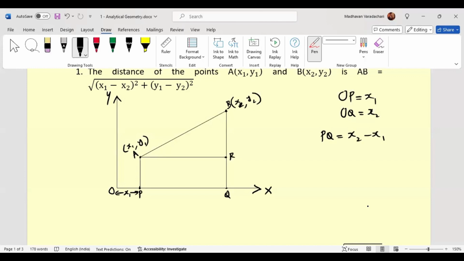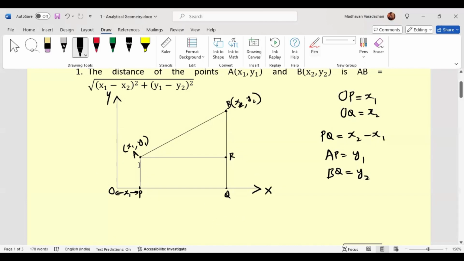Now, this distance, AP, will be y1, because the point A has got (x1, y1). That means this distance should be y1. And then this BQ should be y2.